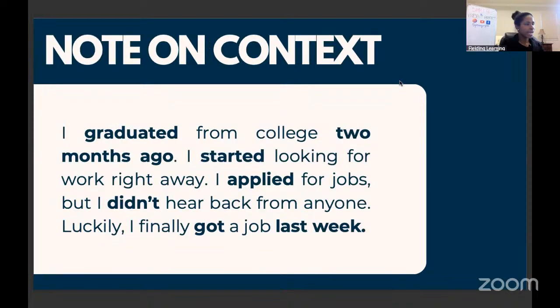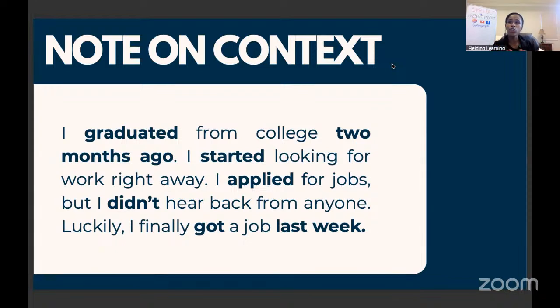Now, over here, I wrote this one because we don't need to have time markers in every sentence if the context is clear, okay? So, for example, over here: I graduated from college 2 months ago. I started looking for work right away. I applied for jobs, but I didn't hear back from anyone. Luckily, I finally got a job last week.